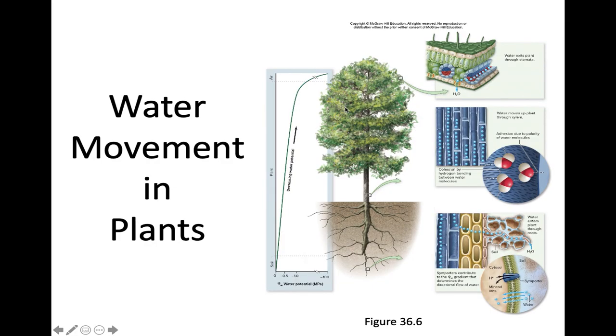So how does all of this physics that we talked about with water and chemistry and diffusion and osmosis, how does this relate to the movement of water up the plant?